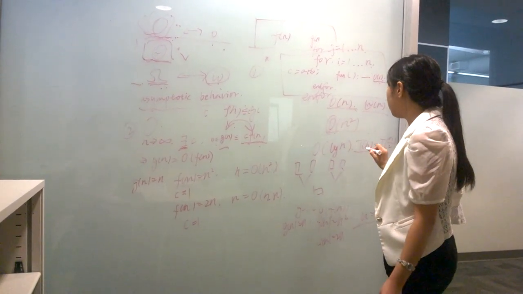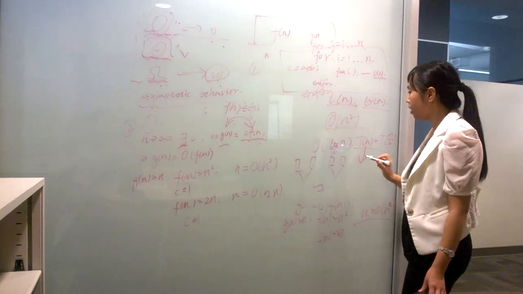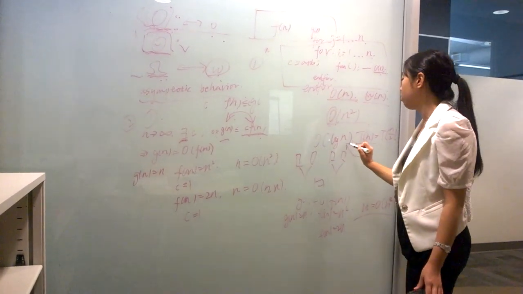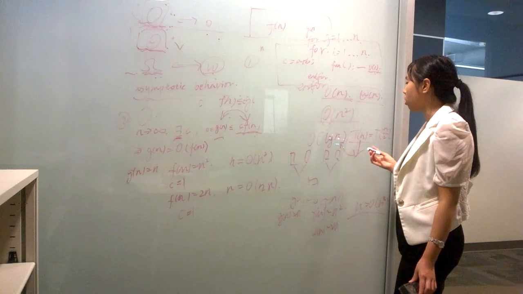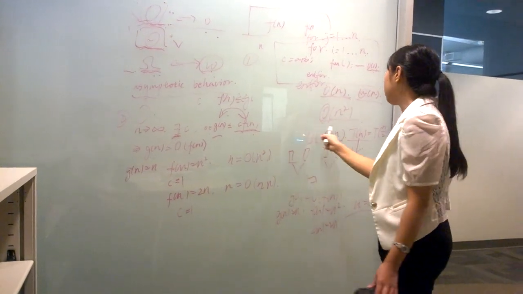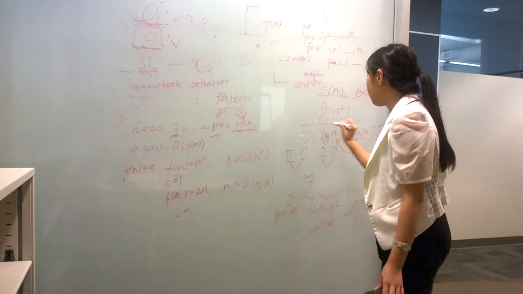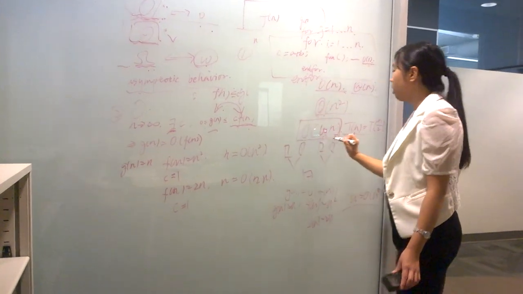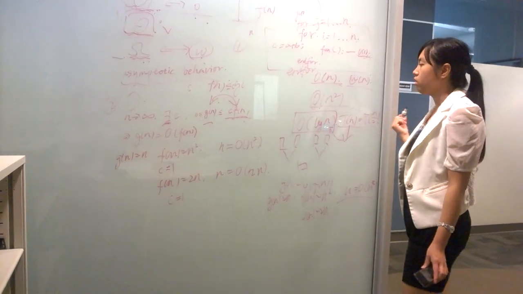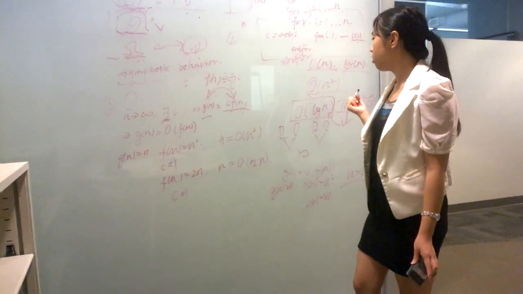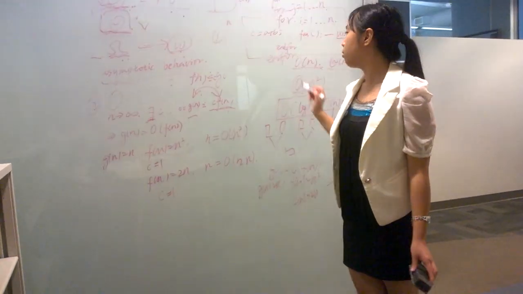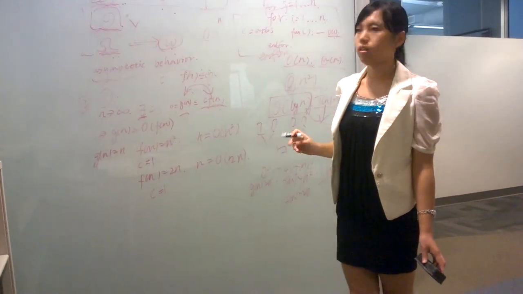So you can do it recursively and get the complexity like this. If you want to know this better, you need to learn how to analyze an algorithm well. So that's all for the big O and big theta.